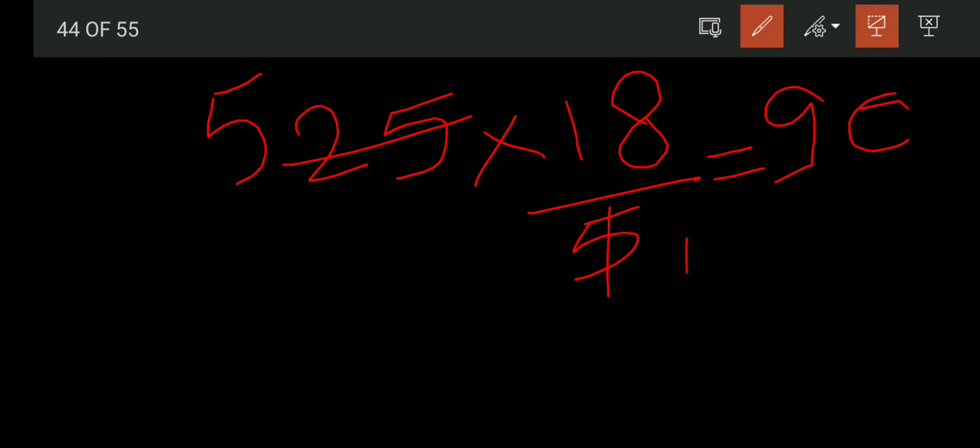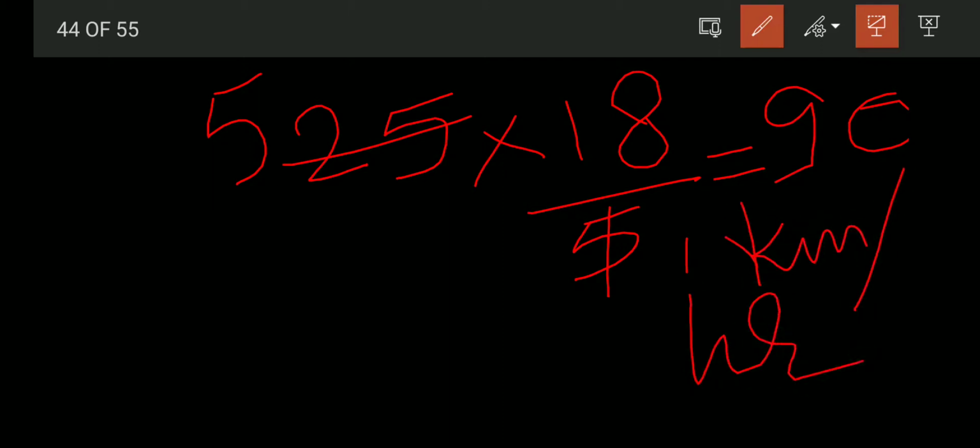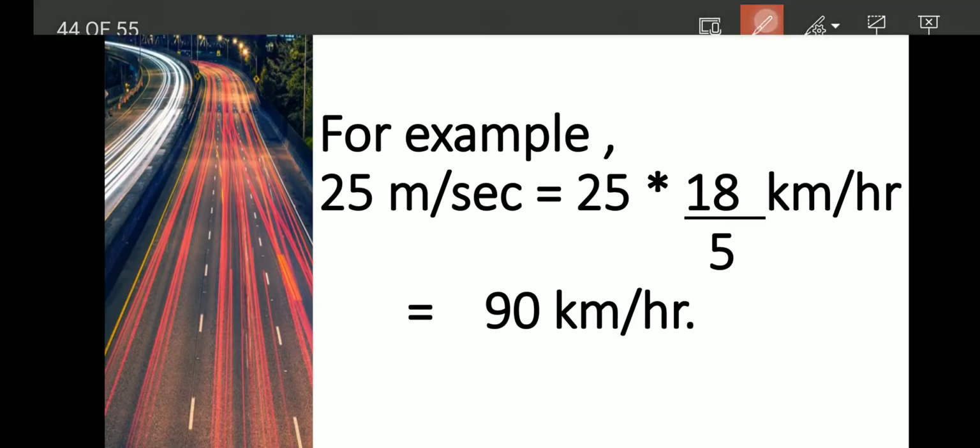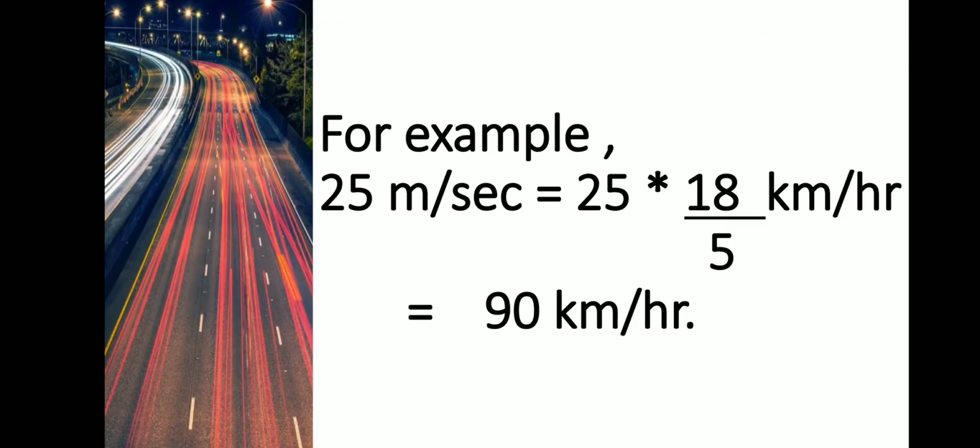So this is 90 kilometer per hour. 25 meter per second is converted to kilometer per hour by multiplying by 18 by 5, so we got 90 kilometer per hour.